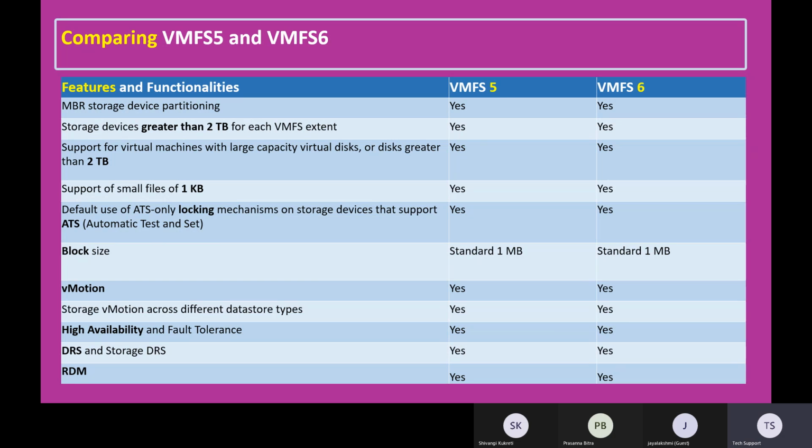Even if you copy a 0.5 MB file, it consumes 1 MB of space. For example, if I copy a 2.5 MB file, our default block size is 1 MB. That means if you copy a 2.5 MB file, in our VMFS datastore it consumes 3 MB. Okay, that is the usual file format.